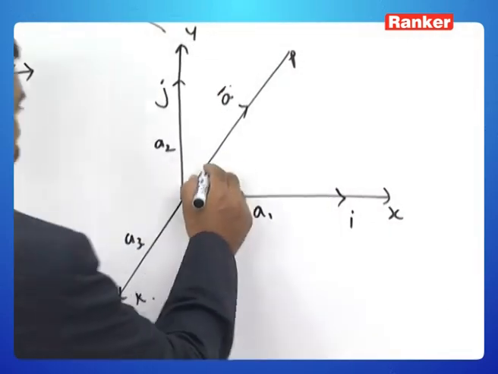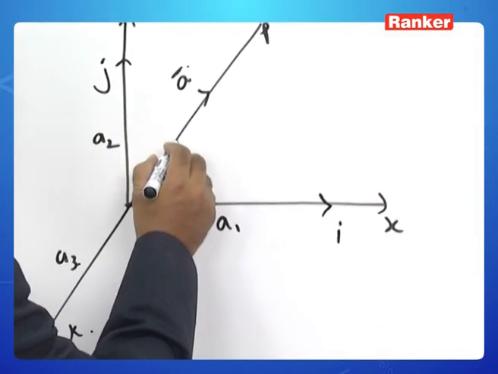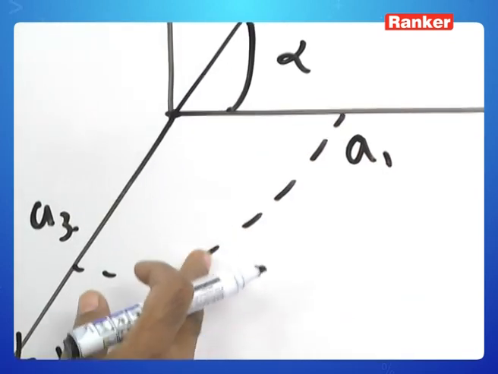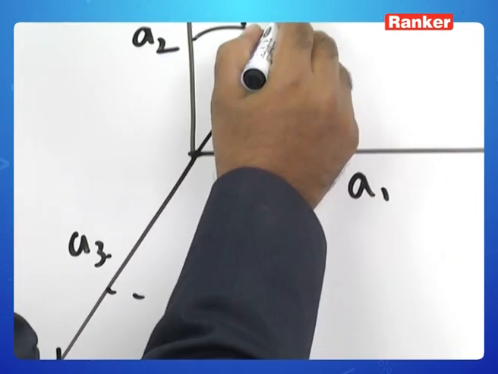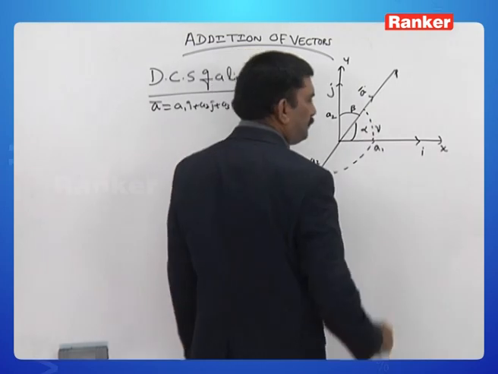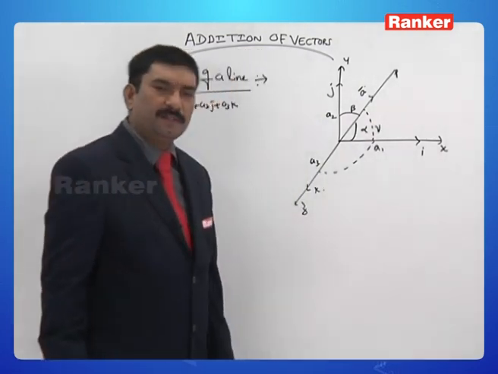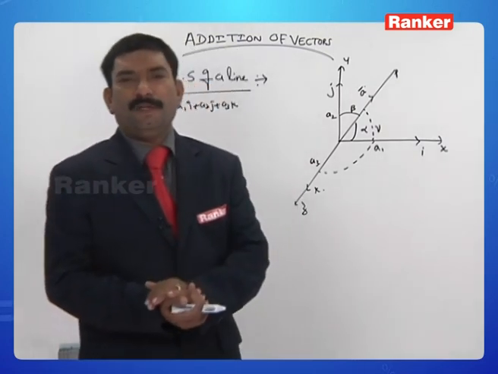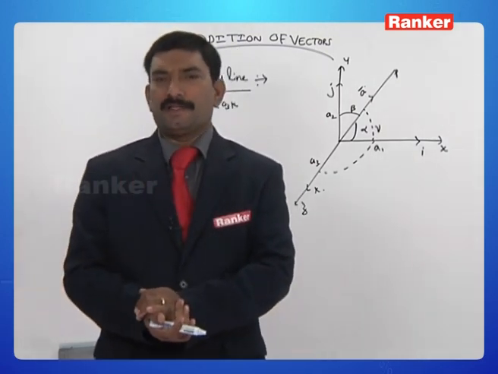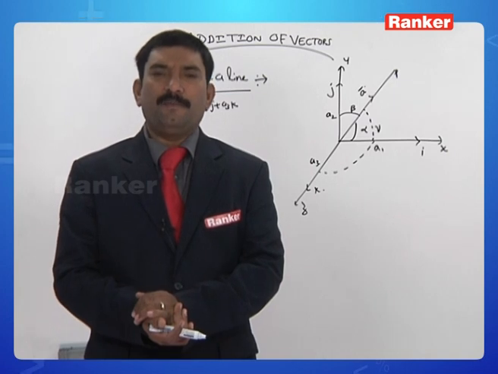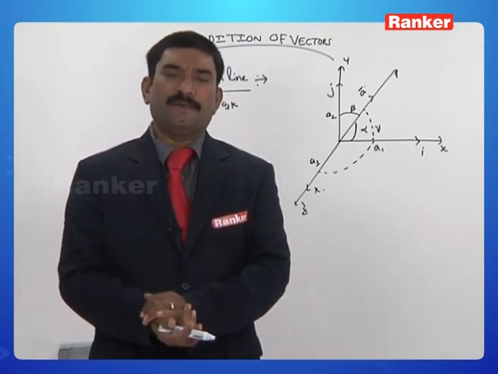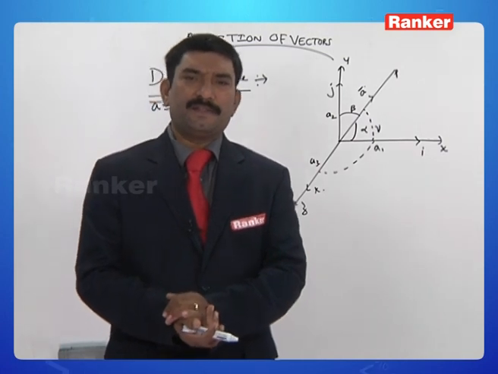If I take this as alpha and this as beta, then up to here you can combine this one, which is also gamma.